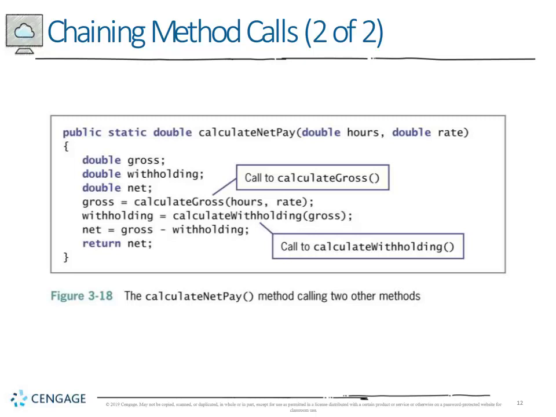Any method might call any number of other methods. The method acts like a black box, so we don't need to know how it works, just call it and use the result. In this example, the calculateNetPay method calls 2 other methods, calculateGross and calculateWithholding.